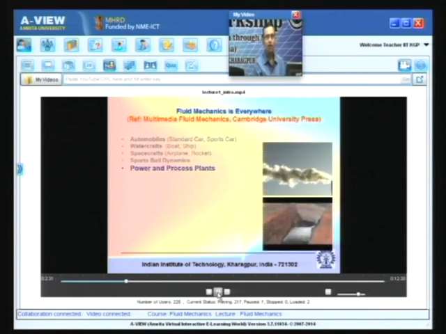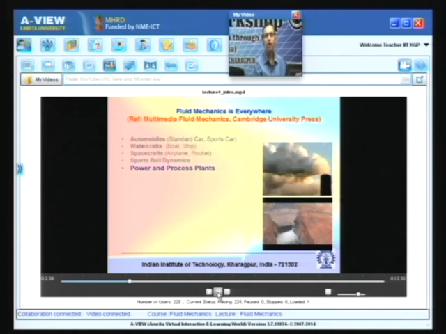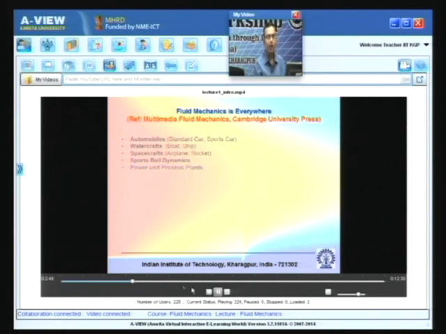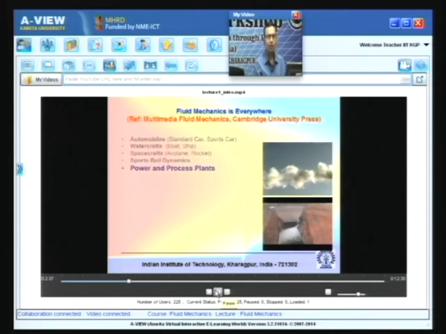Now the next example we talk about is power and process plants. When we study engineering, power and process plants are very common entities.